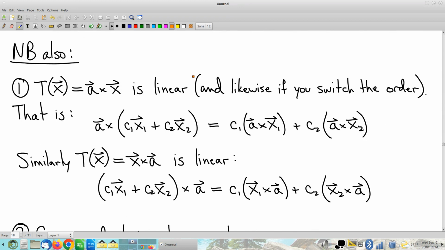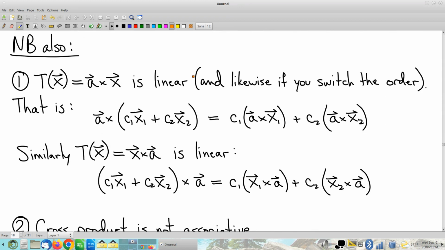Now, a couple of facts that the book doesn't go through, but I wish they would. I made this observation on the first day of class, but let me be explicit about it here. If you fix a vector that you're crossing with, cross product can be thought of as a function. Cross product with a fixed vector A is a function. You give me an x, I can cross it with that fixed vector A, and out comes a result.